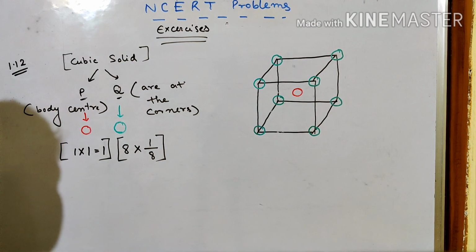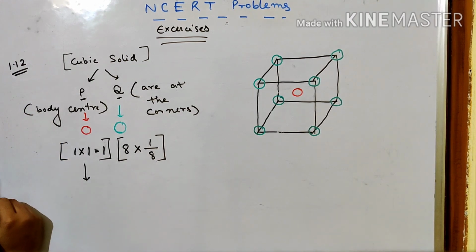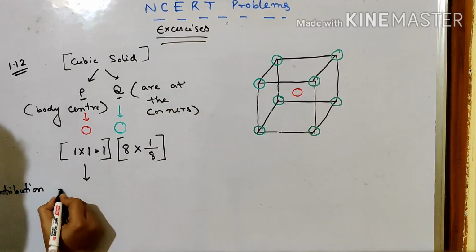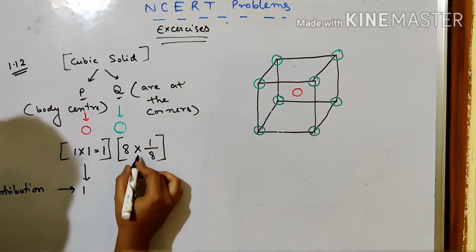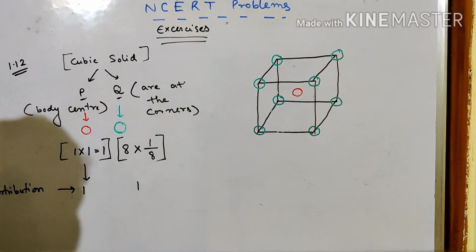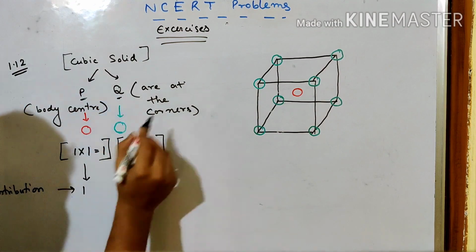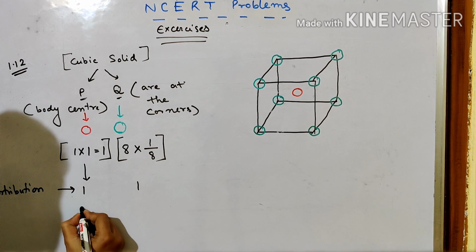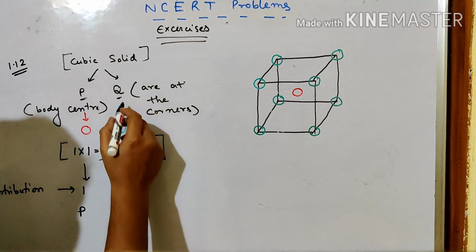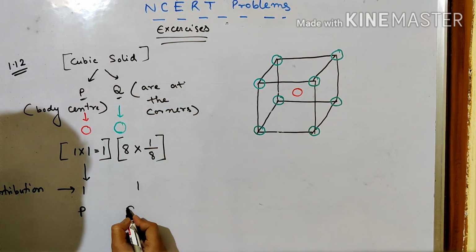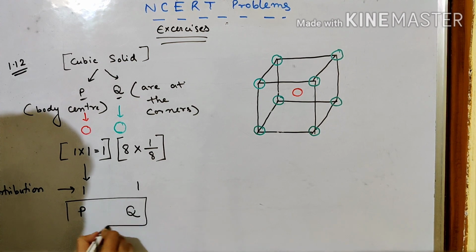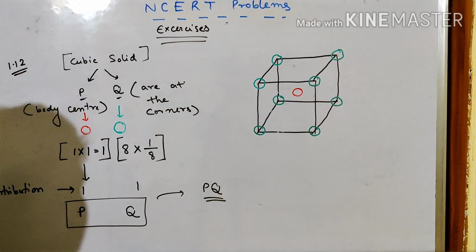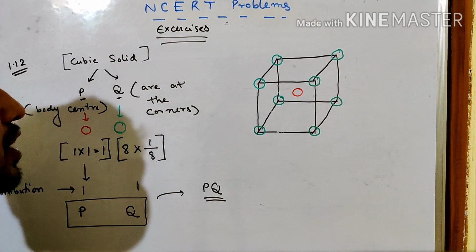So the contribution is 1, and for this one it is also 1. So how many P atoms will be there in the unit cell? Only 1, so it is P. And how many Q atoms will be there? Only one, that is Q. So this is the formula. Formula is PQ.